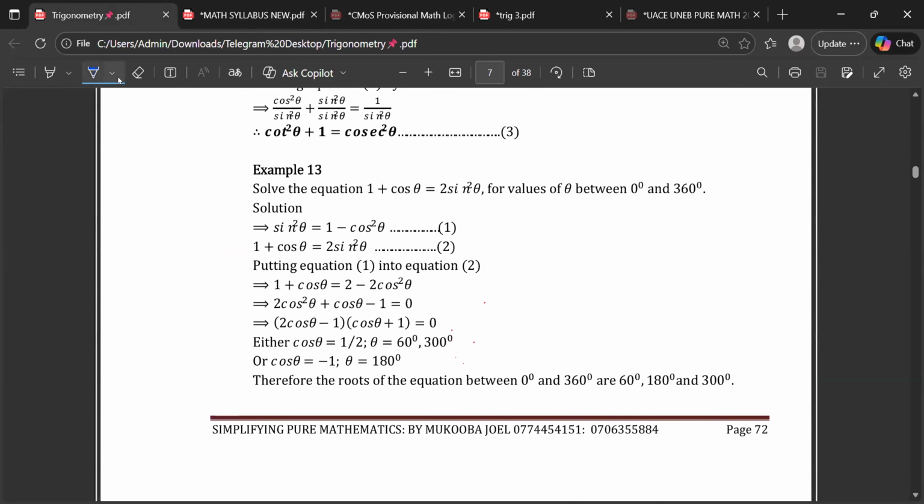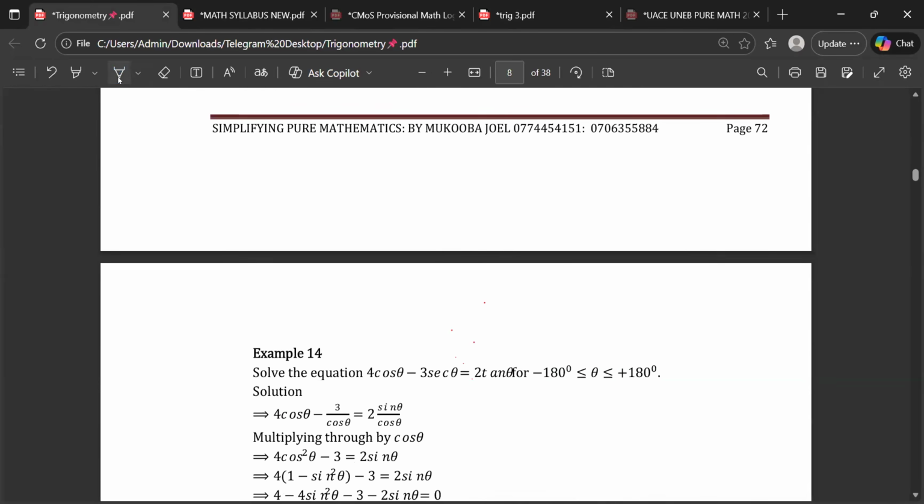Here they used this first identity. You can see, I'm just showing you briefly. So you can see that in this number, they removed this and they put 1 minus cos. So that was identity 1.